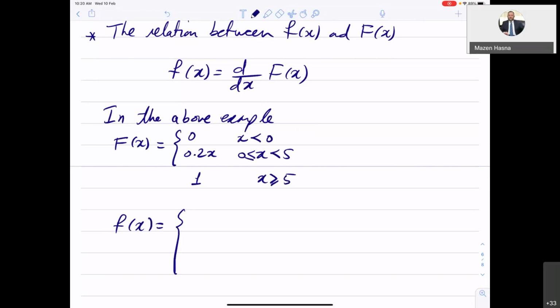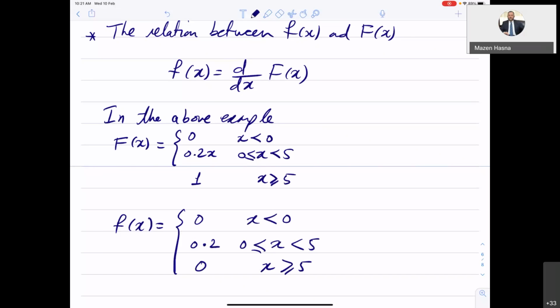What's the derivative of 0? 0, when x is less than 0. What's the derivative of 0.2x? 0.2, when x is between 0 and 5. What's the derivative of 1? The derivative of any constant is 0, when x is greater than 5.